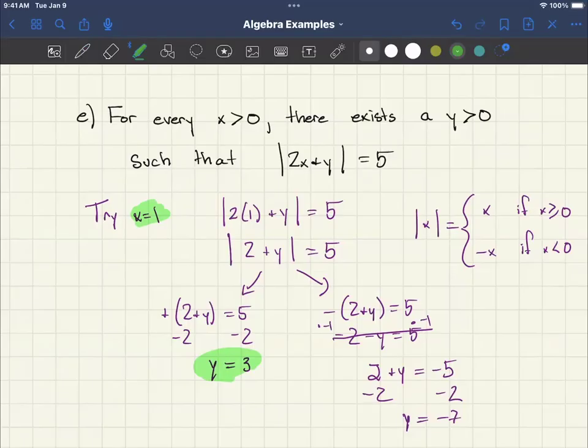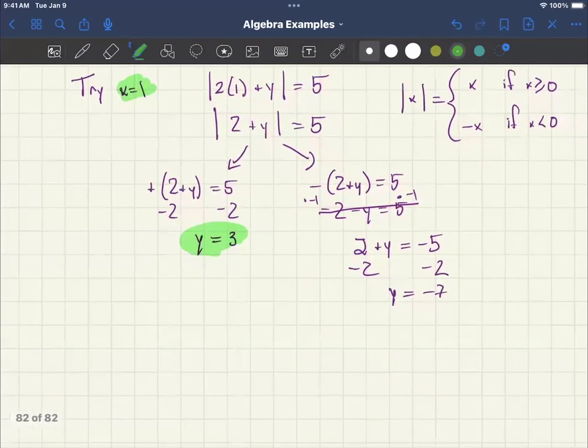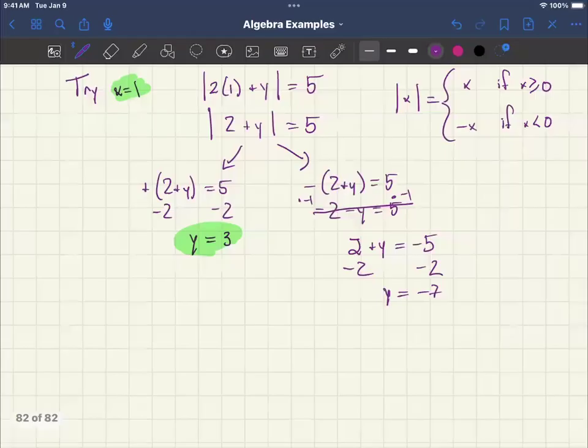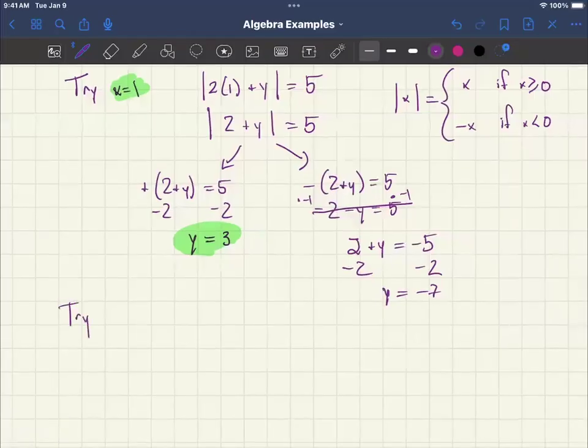Now, is it going to be true for every single x out there? Let's try another example just to see what happens. Let's plug in x is equal to 2. Okay, we get 2 times 2 plus y is equal to 5, so that gives us 4 plus y is equal to 5.